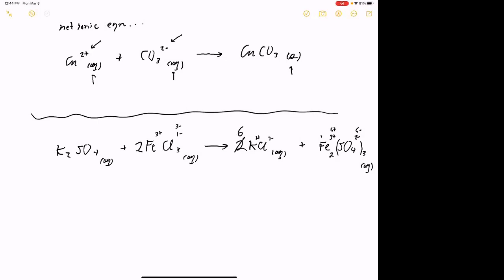And then I've got what, 3 sulfates. So I'm going to need 3 of these guys over there. So that's going to give me twice 3, which is 6 potassiums. Yeah, that works. 2 times 3 is 6 chlorides. That works. 2 irons and 3 sulfates. Yep, it works.